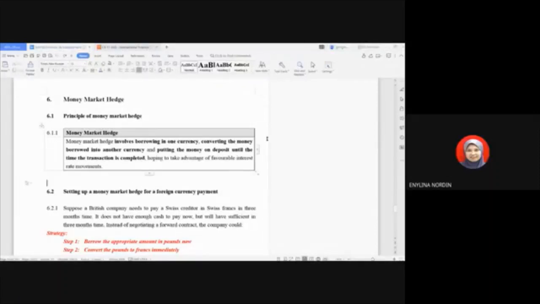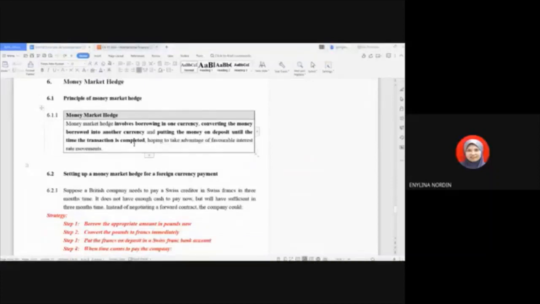We go to this one. This is already mentioned. The money market hedge principle involves the company borrowing cash in one currency, then converting the borrowed cash into another currency, and then putting the money on deposit until the time the transaction is completed, in order to take advantage of the favorable interest rate movement.